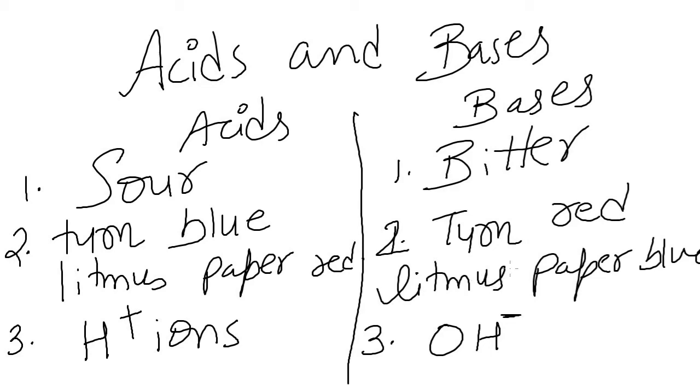So acids can only show their property in presence of water, because in case there is no water, they cannot produce H plus ions, right? So they cannot show their property. Okay, so water is very important for acids to show their property of producing H plus ions in solution.